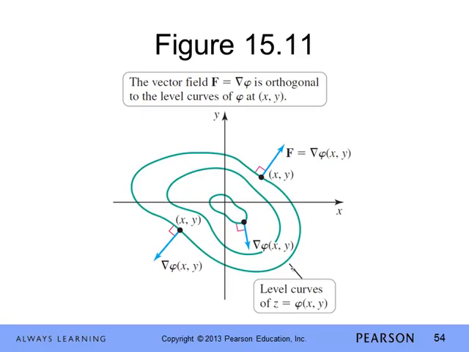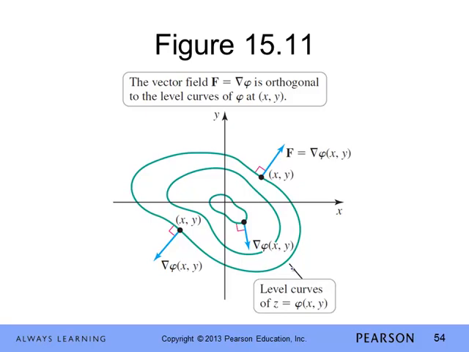Again, just as a reminder, gradients are orthogonal to your contour lines. And which way do they point? Uphill or downhill?